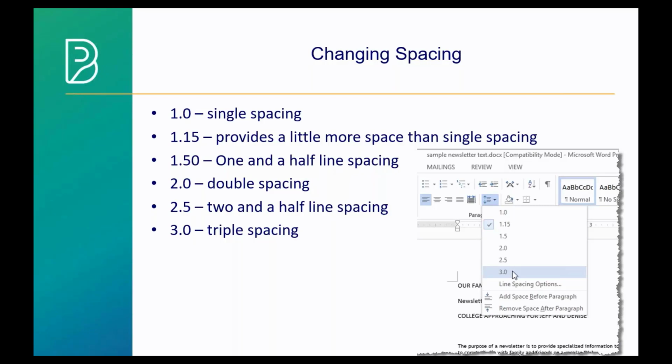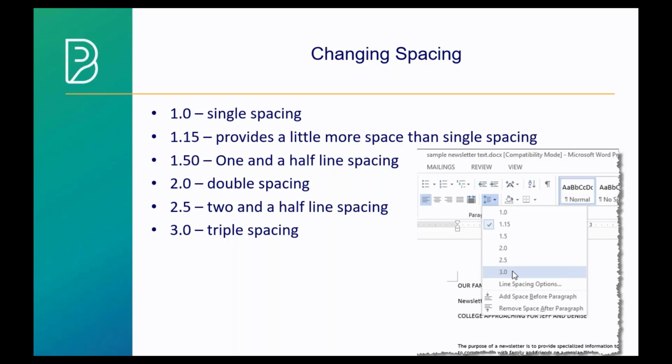To add or remove space before or after a paragraph, with your cursor anywhere in the paragraph that you want to adjust, and again, the text does not need to be selected, select the line and paragraph spacing tool from the ribbon.